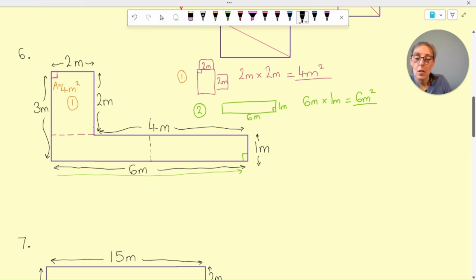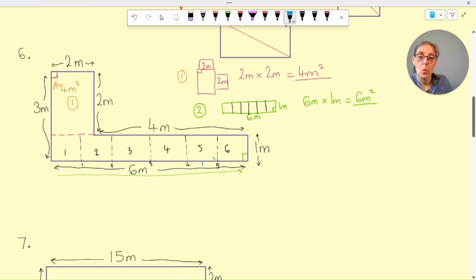If this was 3, I could say that's 2, this is 1, and that's going to be 4, and that's going to be 5. Okay, so we've got 1, 2, 3, 4, 5, 6, and this is by 1. So I've chopped it into 6 squares, and it's 6 meters squared because there are 6 one-meter squares.